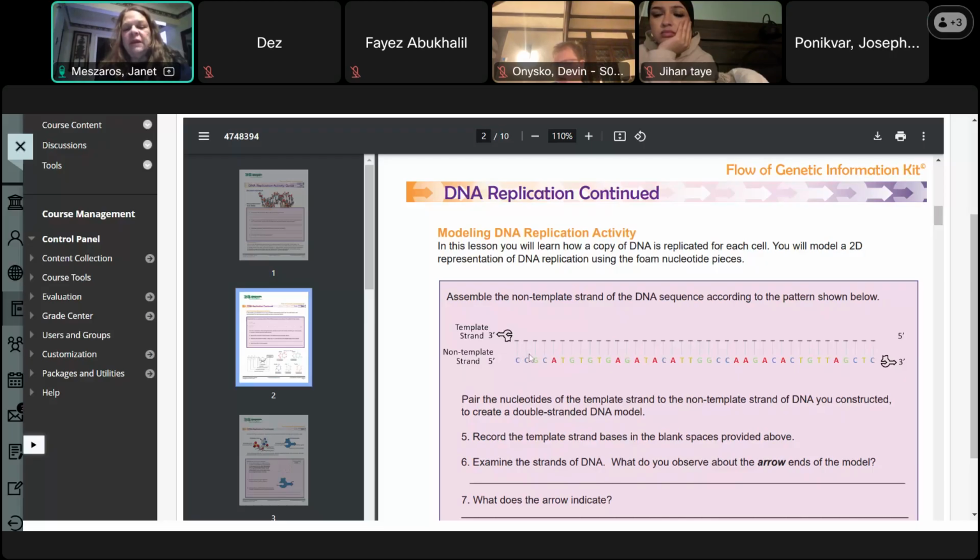So all the C's would be base paired with G's, and all the G's would be base paired with C's, right? Cytosine nucleotides. All the A's would be base paired with thymine nucleotides, and all the thymine nucleotides would be base paired with adenine. So you need to fill this whole thing out, okay?